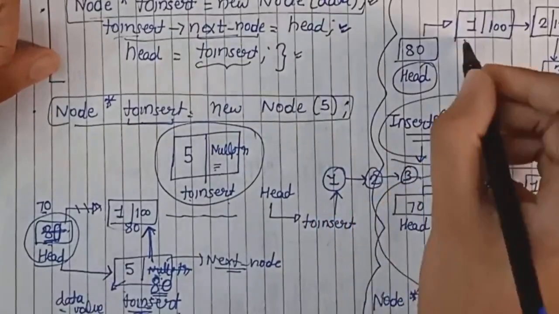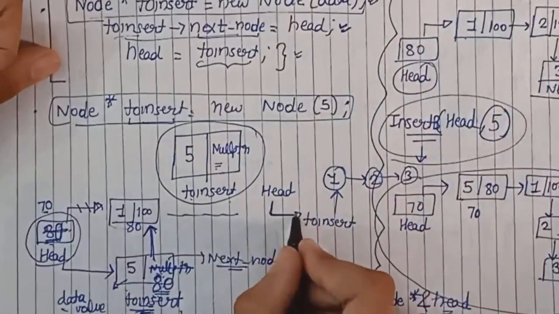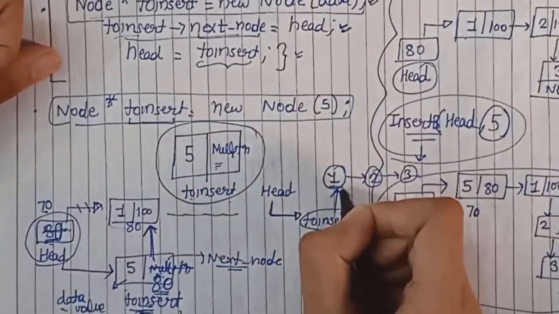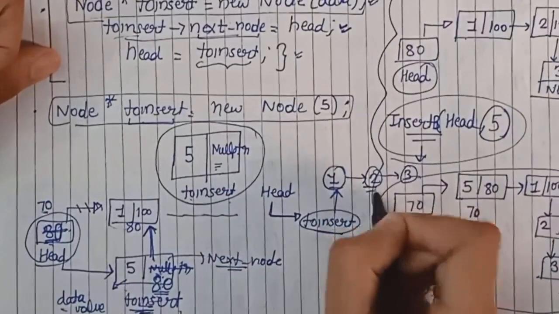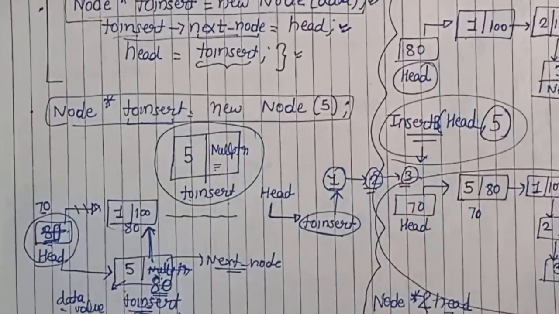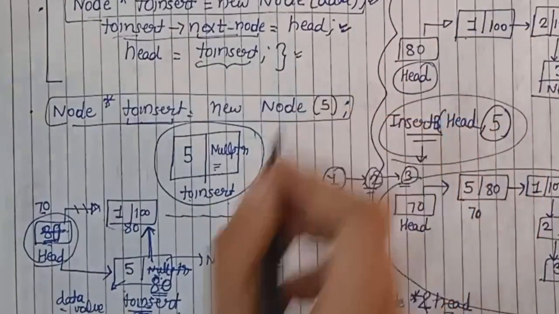Now this is the first element, this is the second element, this is the third element, and this is the fourth element. I hope that you have understood the working of this.